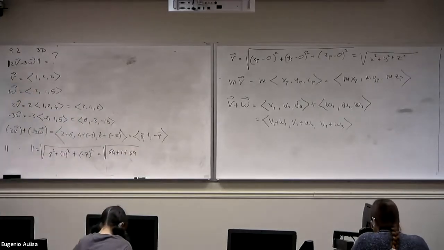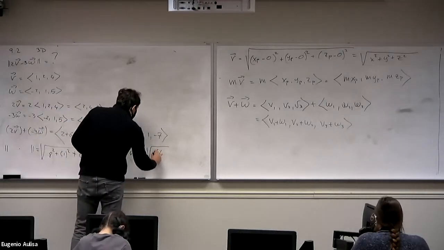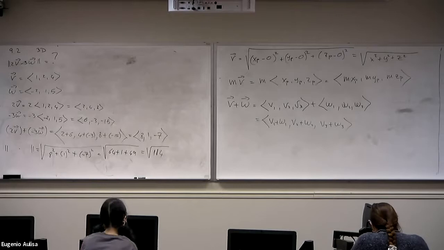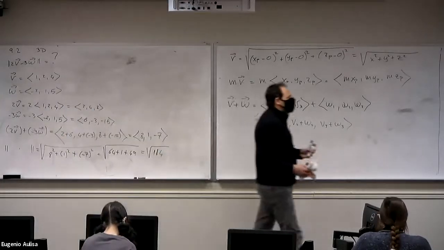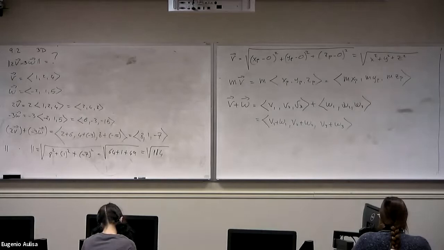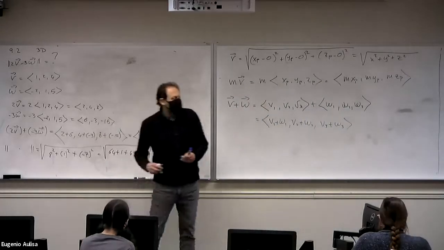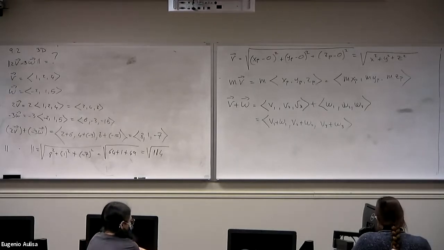So it's 64 plus 50, square root of 114. Okay. Any question on this? So with this, we finish 9.2. So we take a break 10 minutes and we are going to restart at 12:30.